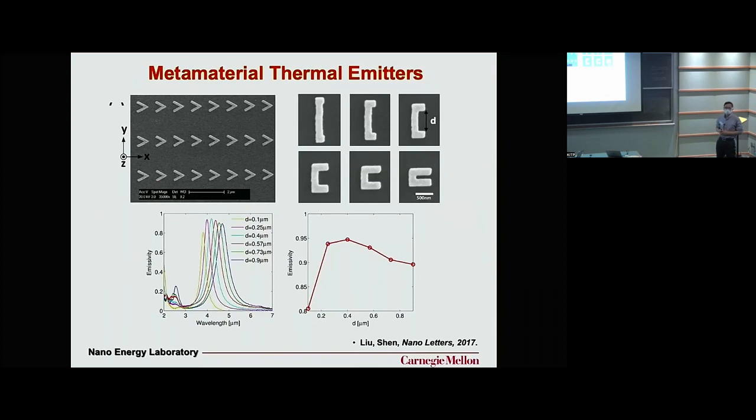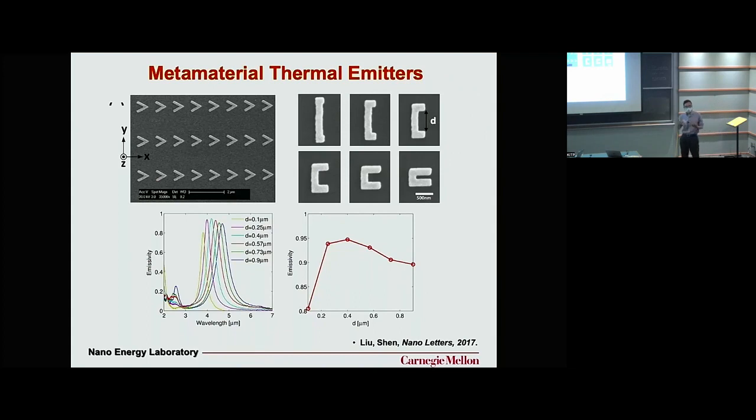Regarding the weak coupling regime, we did a simple experiment. We designed this metasurface, using this plasmonic structure as the building block. We can have different geometries here. And from previous slides, we already have a quasi-normal mode theory to optimize the thermal emission from this individual nanoplasmonic structure. Certainly we can do experiments and measure the thermal emission, but from theory we can also predict it.